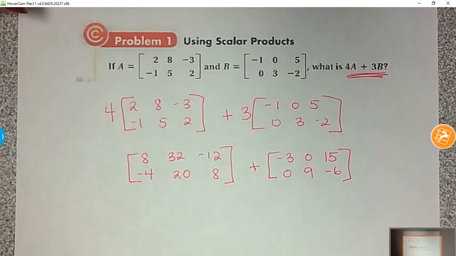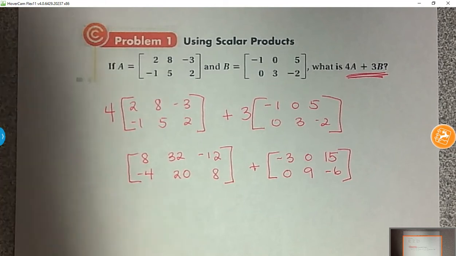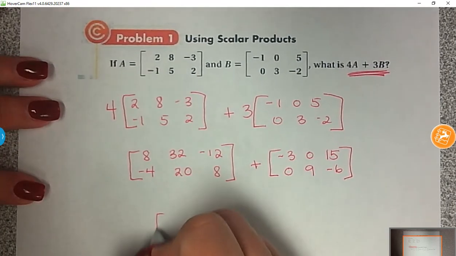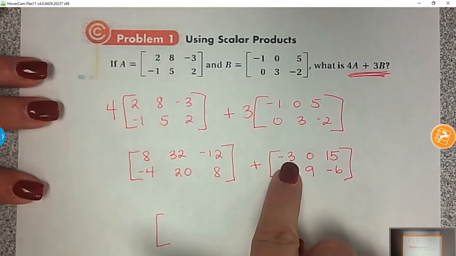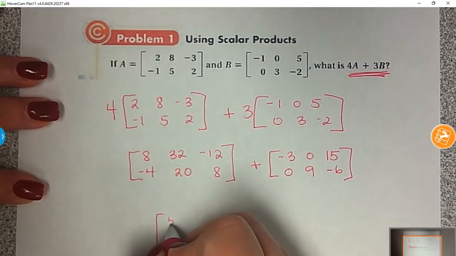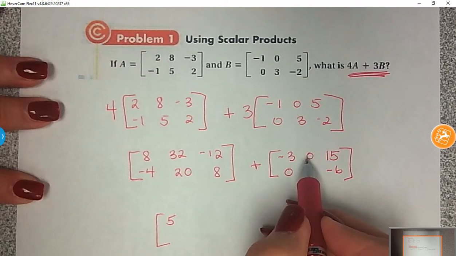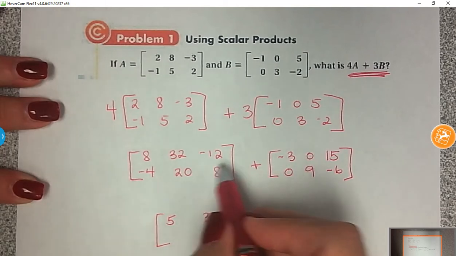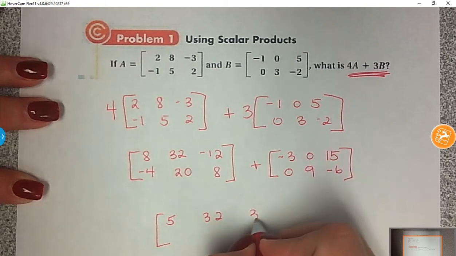Now I just want to add those two matrices together, and I'm just going to add the corresponding elements. So when I add 8 and negative 3, I get 5. 32 and 0 gives me 32. Negative 12 and 15 is 3.